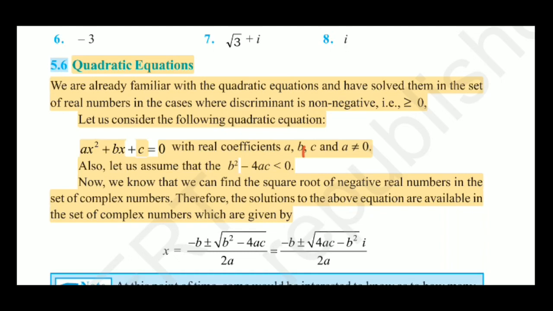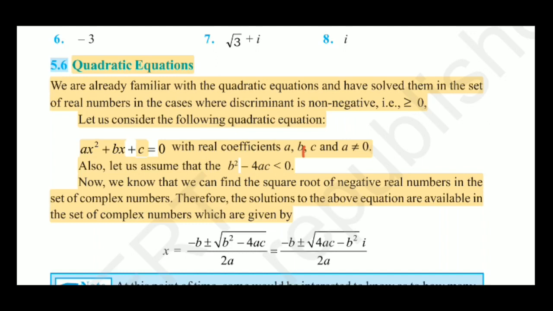When the discriminant, that is D equal to b square minus 4ac, is greater than 0, then the quadratic equation has real and distinct roots. When D is equal to 0, it has real and equal roots.